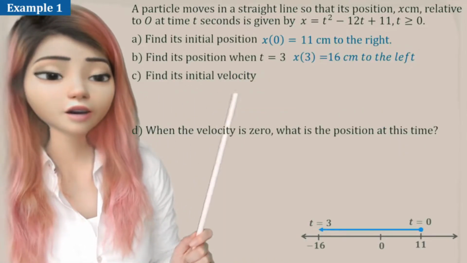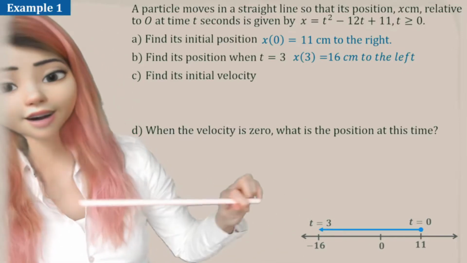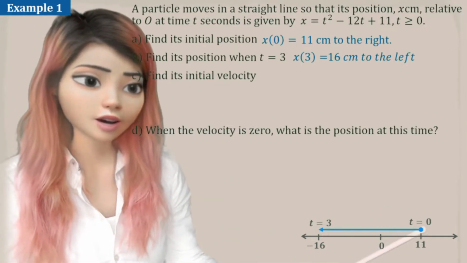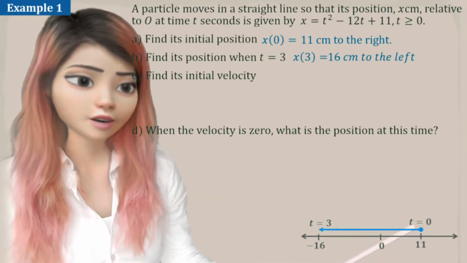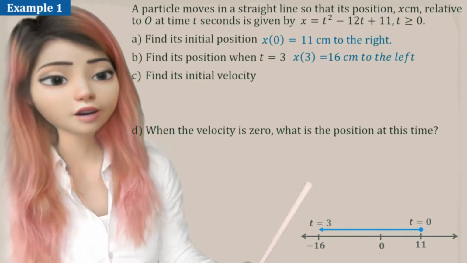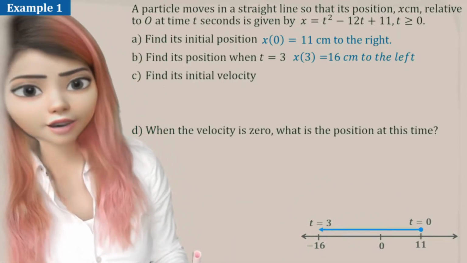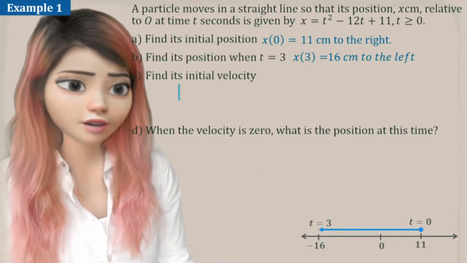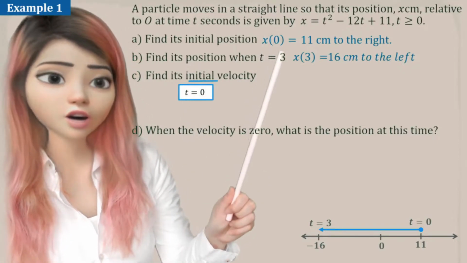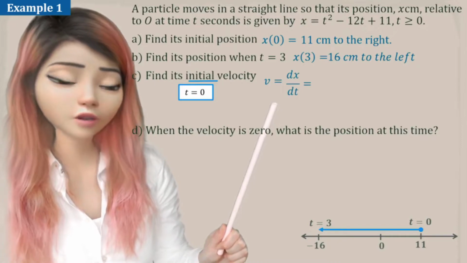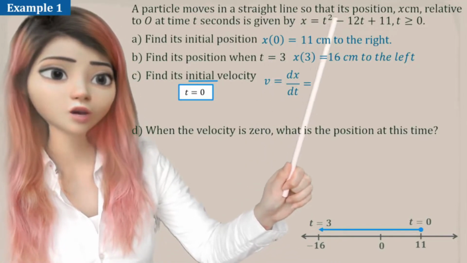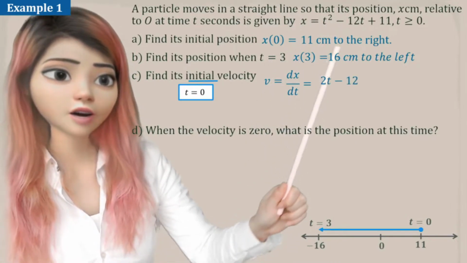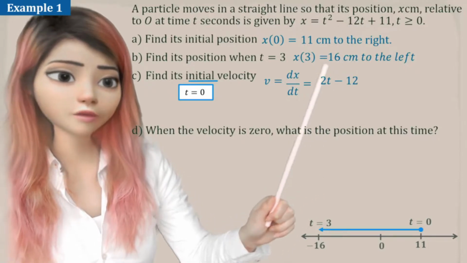Find its initial velocity. So we're traveling that way, right? We start at t equals 0 at 11 to the right, and then at t equals 3, we're now at negative 16. What's the initial velocity? We do the differentiation, and then we let time equal 0. So dx/dt: t squared becomes 2t, and minus 12t becomes minus 12.